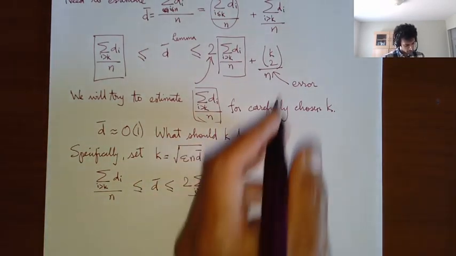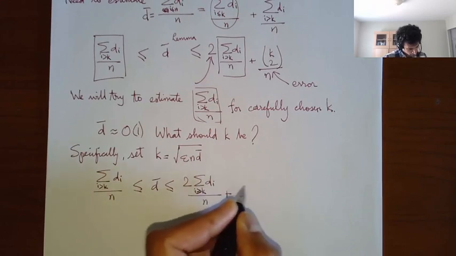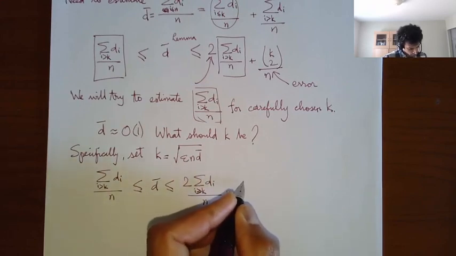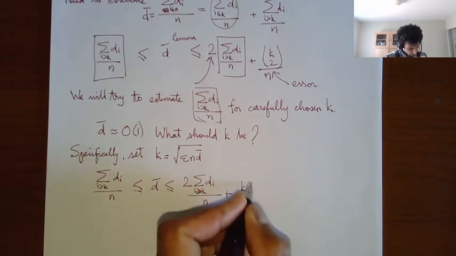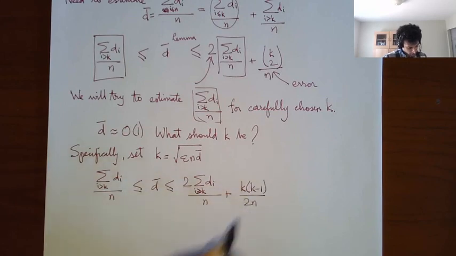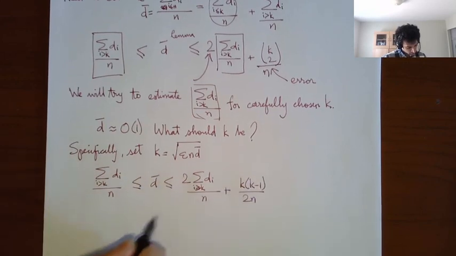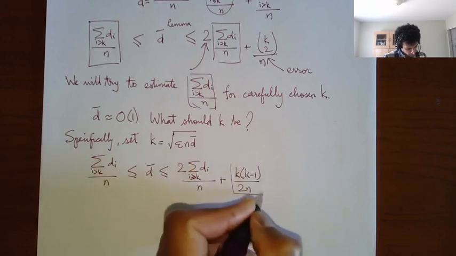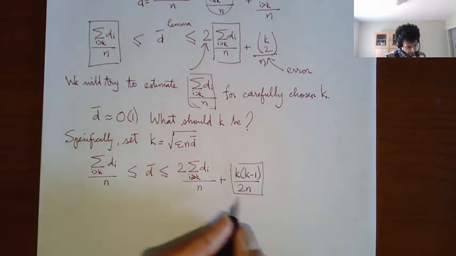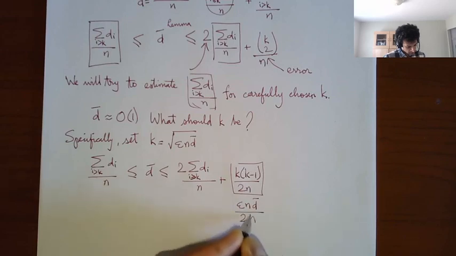So essentially what I get over here is k times k minus 1 divided by 2n, and this I'm going to write basically as epsilon n d divided by 2n.